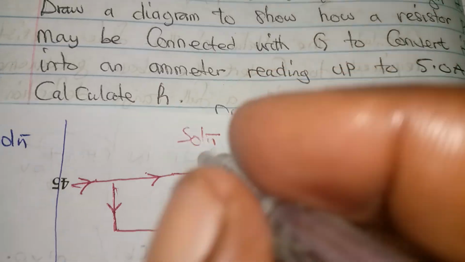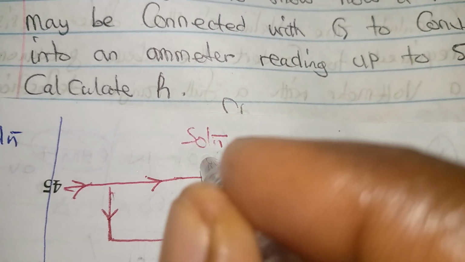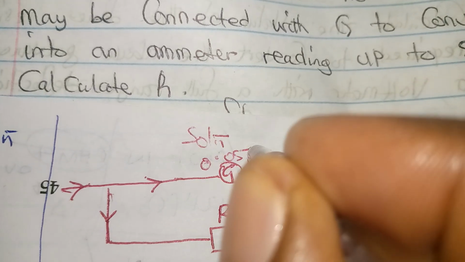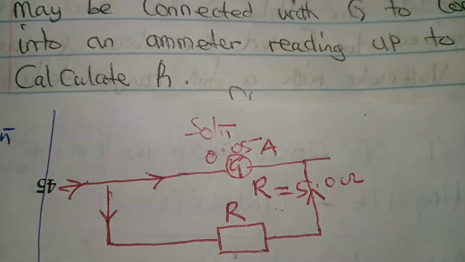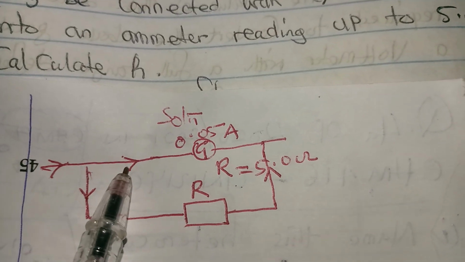So that means the current that passed through this galvanometer is 0.05 ampere. You can choose to write it here.